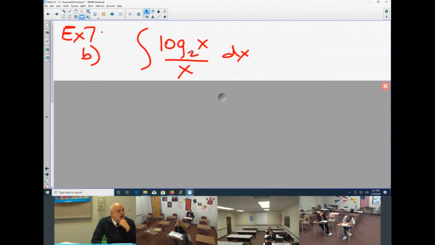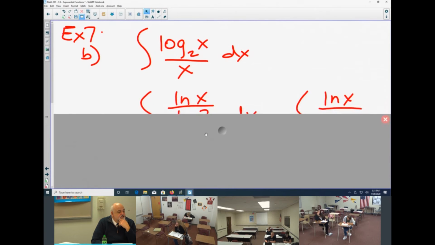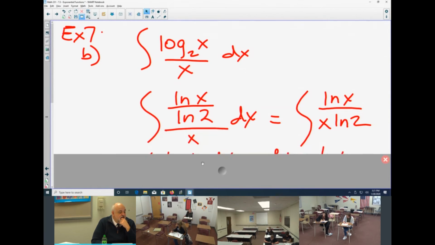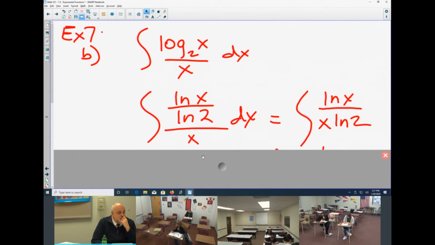So the log base 2 of x, using the change of base formula, is the natural log of x divided by the natural log of 2. And then we still have x in the denominator. So putting the x with the natural log of 2, we can make it so it's not a complex fraction, and just write the natural log of x. Oh, we still have a dx though.